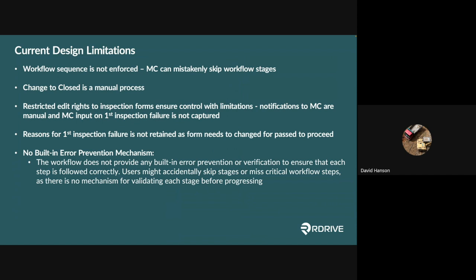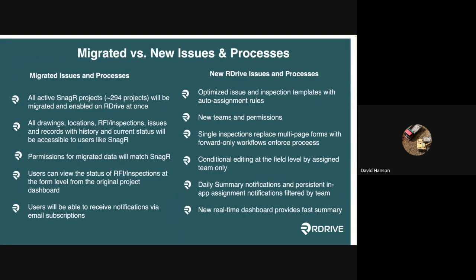We're restricting edits based on conditional editing, and by allowing you to fail and reopen an inspection, it keeps the same ID number, and the reason for failure and the total record of the workflow is preserved. Okay, so this is just a summary.